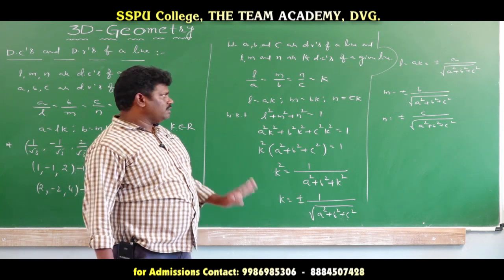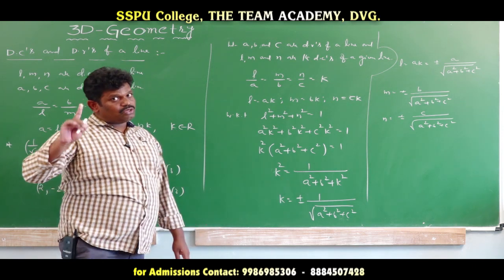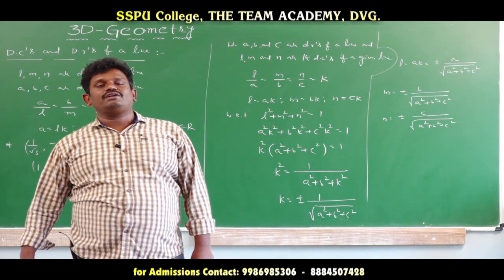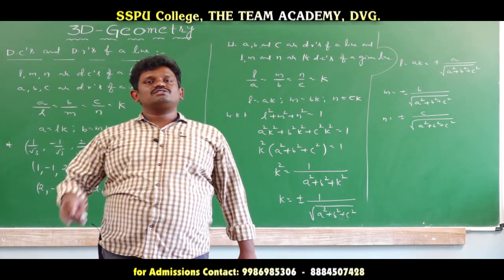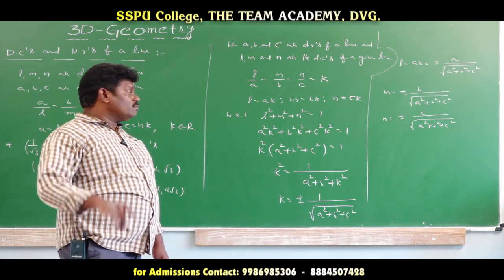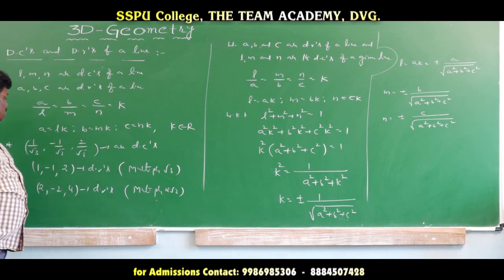Already I told you, the direction cosines of any directed line are unique, meaning only one l, m, n. But direction ratios are of different types.